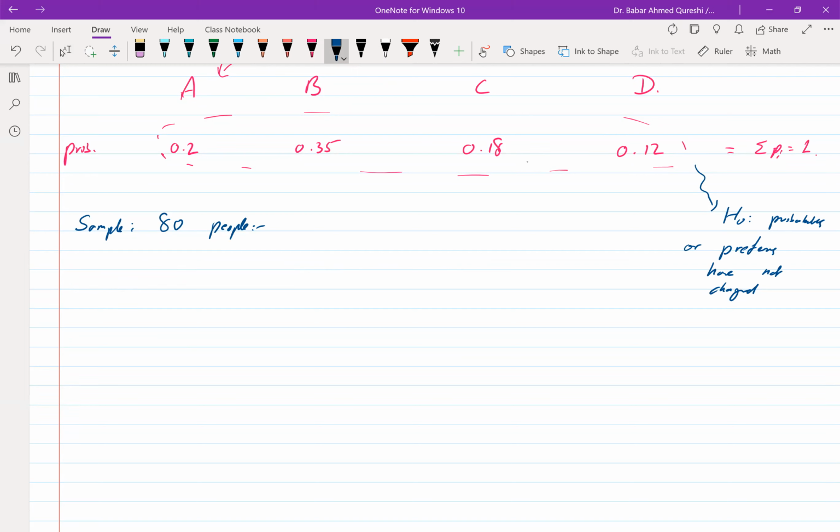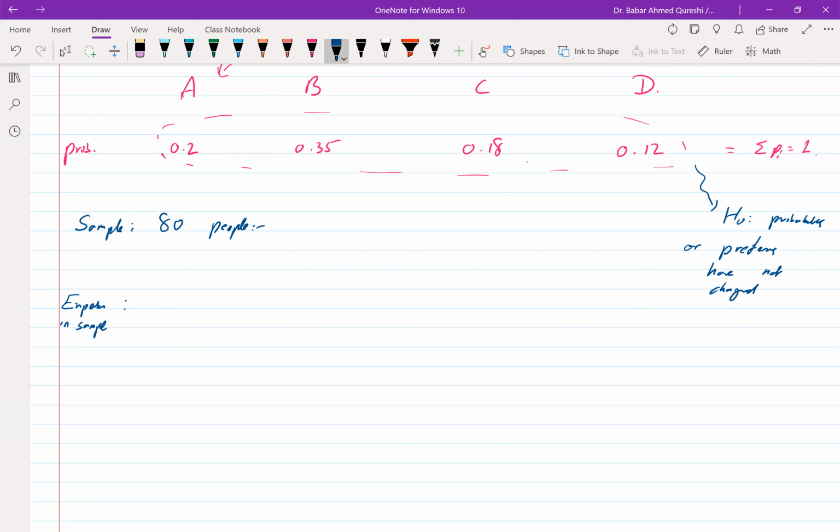So this is the null hypothesis, that these 4 categories have these probabilities associated with them. So they take a sample of 80 customers. What is the expectation in the sample?